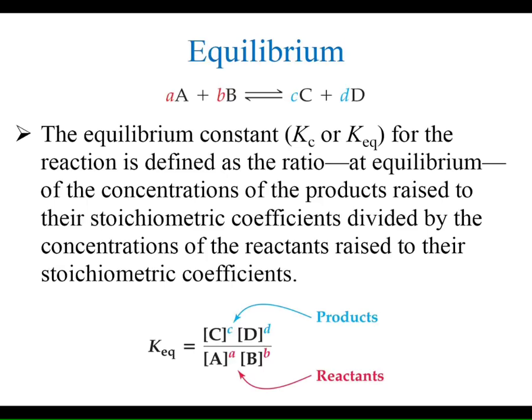Divided by the same thing for the reactants. Okay. So again, those square brackets mean molarity. That's the molar concentration. So the molar concentration of C to the little c power, molar concentration of big D to the little d power, etc.